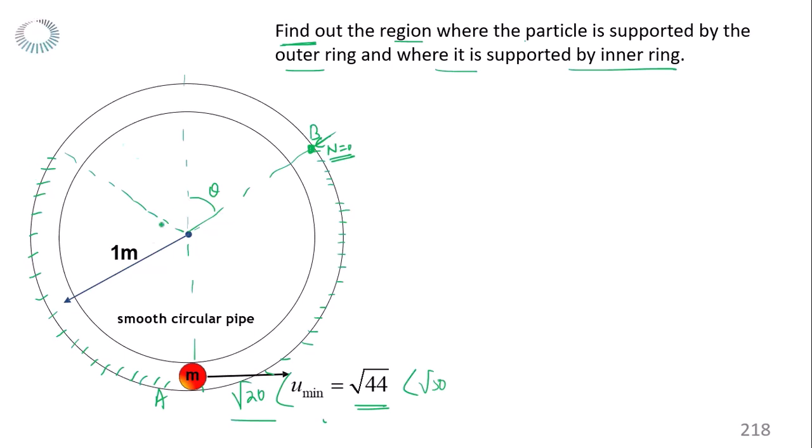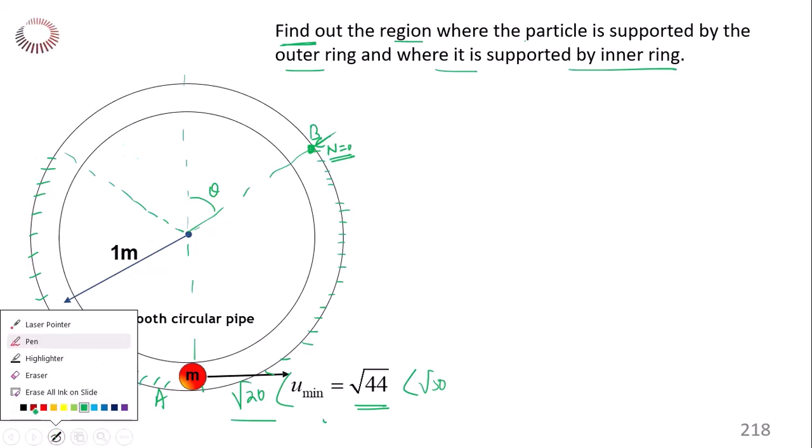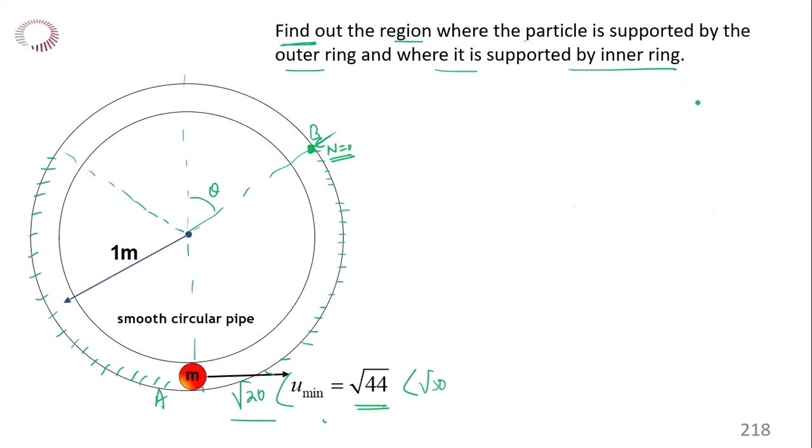So there is a theta angle, and I know how to calculate the theta angle. The formula is already known to me. So cos theta is how much? Cos theta is equal to U square minus 2GR divided by 3GR. Okay, U square is 44, 2GR is 20, so 24 by 30, so 4 by 5.